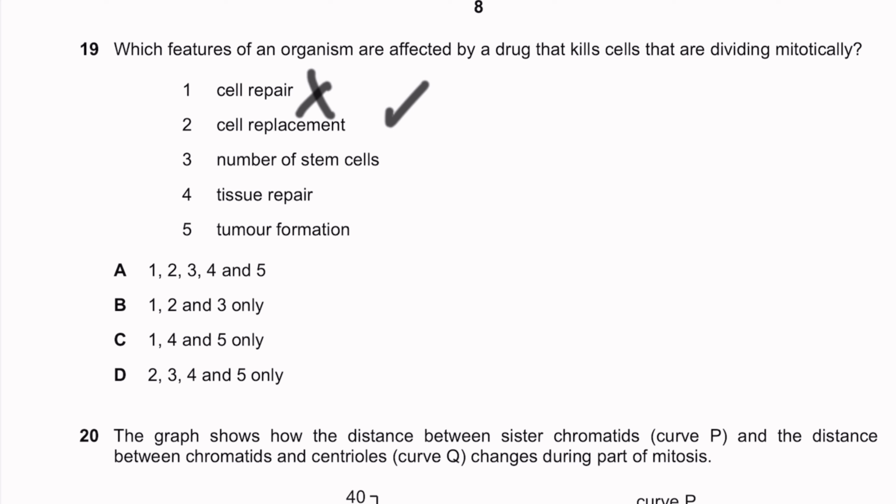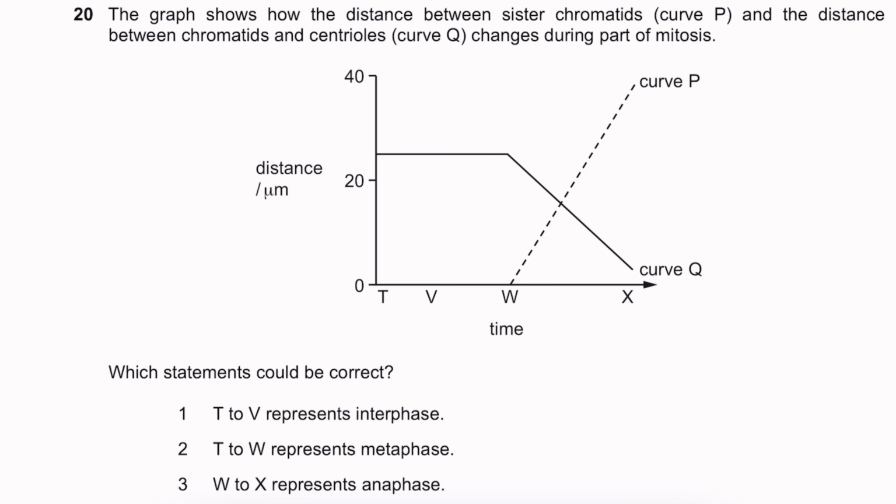However, it has nothing to do with what's within the cell. Number of stem cells will be affected because stem cells are produced by mitosis. Tissue repair is going to be affected because it requires cell replacement, and when there is no cell replacement, then the tissue will not be repaired. So this is correct. Tumor formation, same thing, because the tumor is going to be formed by the continuous cell division of the cancerous cells by mitosis. And so it's number 2, 3, 4, and 5, which is letter D.